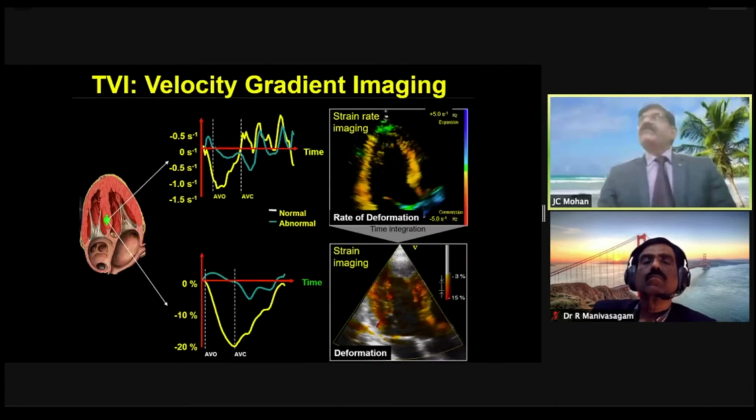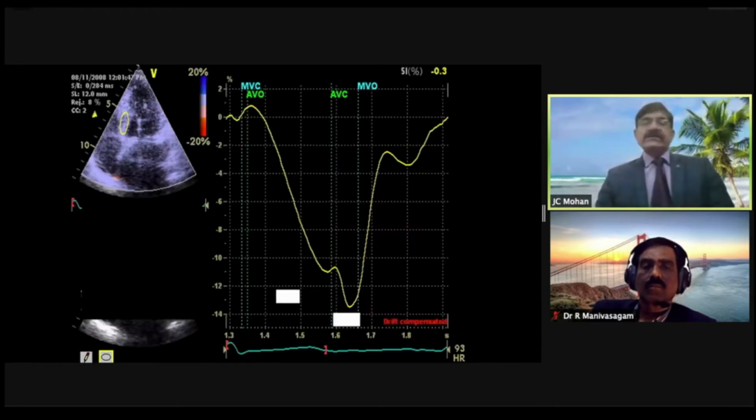And we were at the forefront of using this tissue velocity imaging back in early 2001, 2002. And we did a lot of cases, but we also realized the limitations. But these are some of the examples which we had at that time for both strain imaging and strain rate imaging.